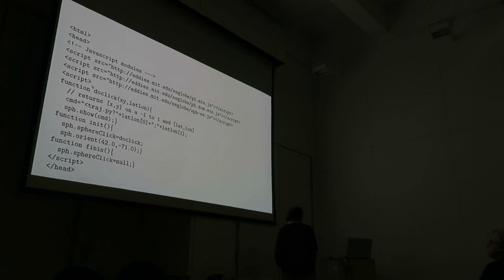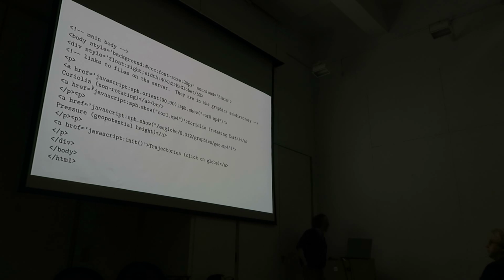Let me skip that and come back to it. This is the main body, the text, and there's a set of references. That's what the web knows, to put this little line and say you can click on this, which says orient the sphere, show this movie, show that movie, show the geopotential height movie, and then run the trajectories.